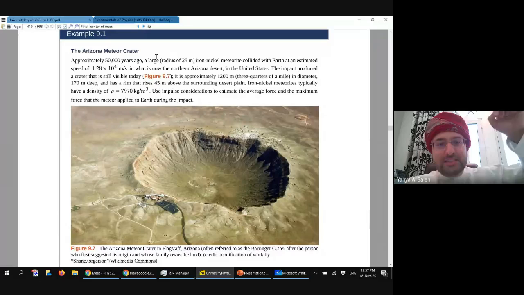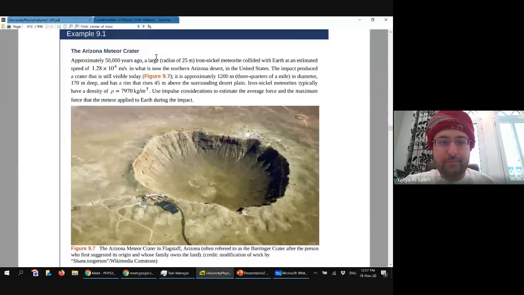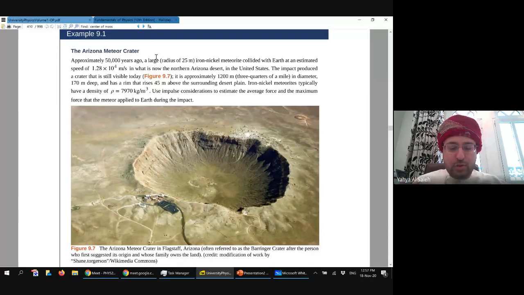It's 170 meters deep and has a rim. If you look at the photo, the edges are not flat. It actually goes up 45 meters above the surrounding desert plain.